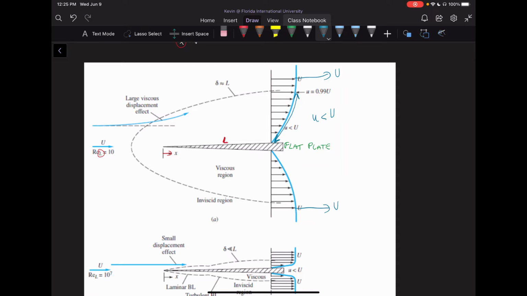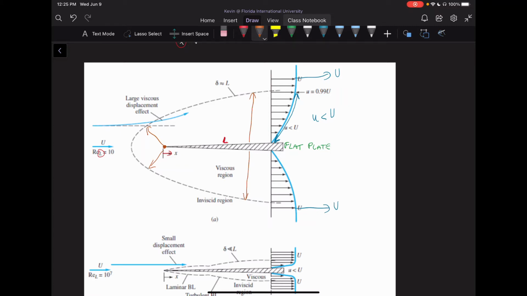Okay, and we see that this viscous region is actually a very large region. Okay, and we can see that the viscous region starts directly at the start and it actually extends out to even before our plate.